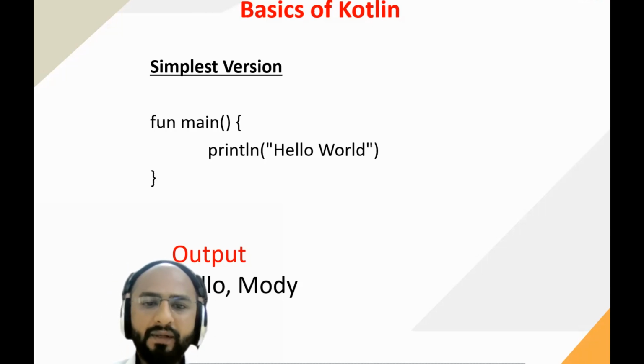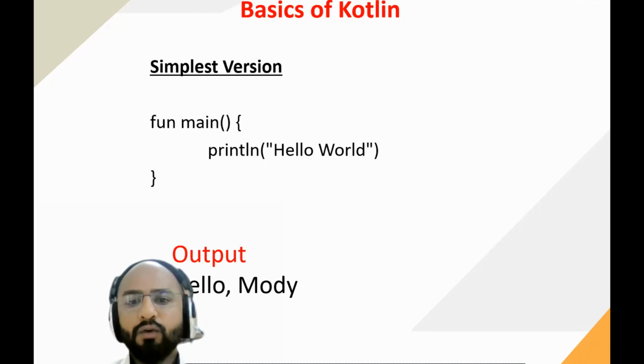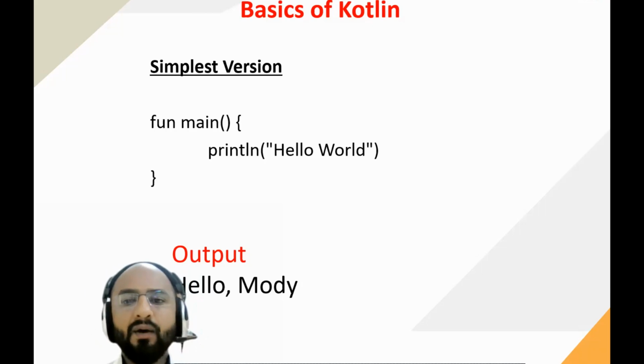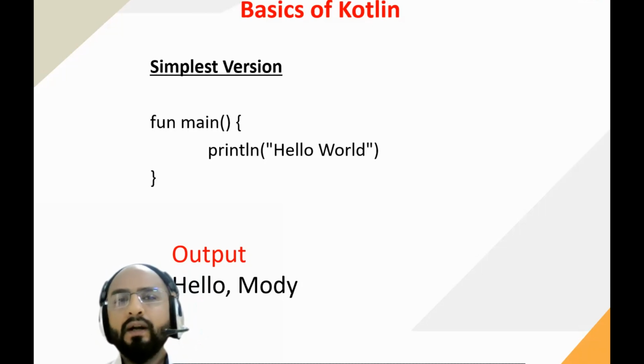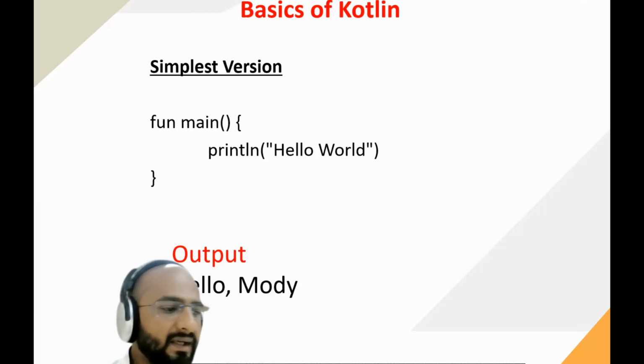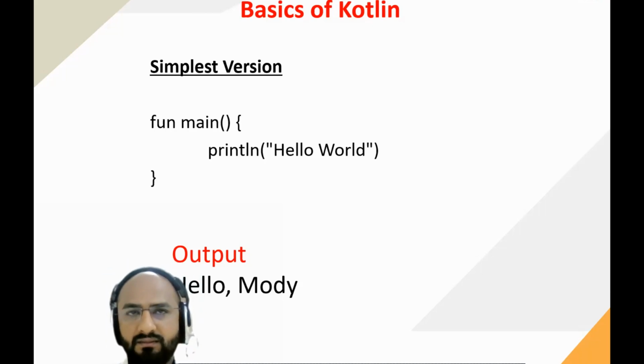In that I have written a println statement. In the inverted commas, there will be hello world as a string, and then curly bracket over. So when you run this program, you will have the output hello world in the console. So this is a simple way of Kotlin programming.